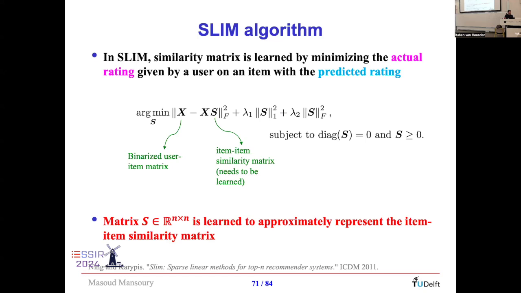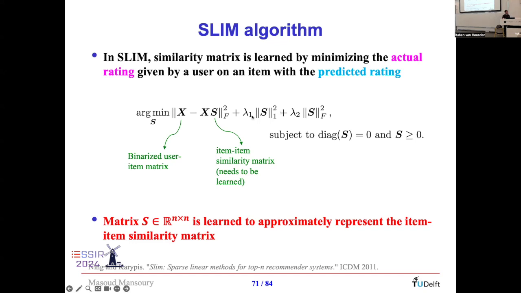So the objective function for SLIM follows this equation, where we try to minimize the difference between our prediction, XS, which is our reconstruction of the interaction data, and the original matrix.